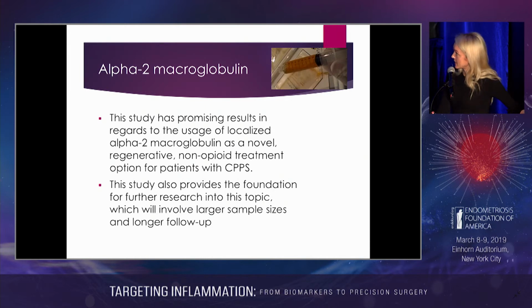This study has promising results in regards to the use of alpha-2 macroglobulin as a non-opioid treatment to chronic pelvic pain, and provides the foundation for further research, which would involve larger sample sizes and longer follow-up.